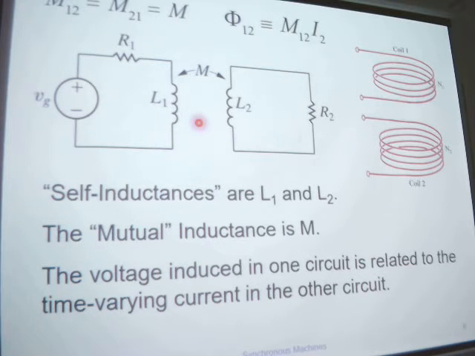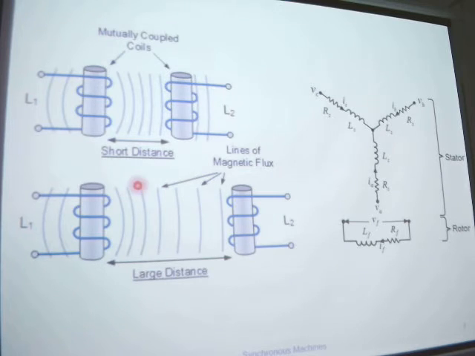In this figure, the influence between the two coils is determined by the distance. If the distance is short, the influence is strong. If the distance is large, the influence can be omitted.